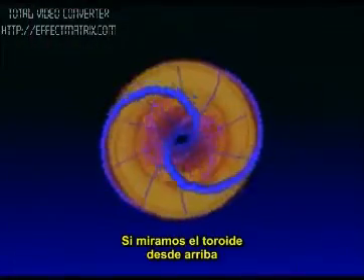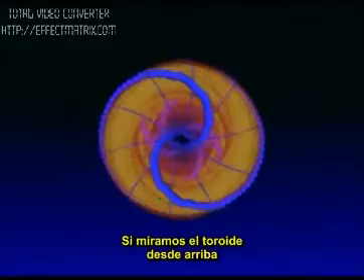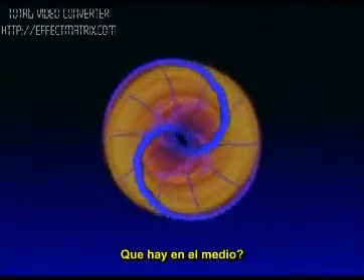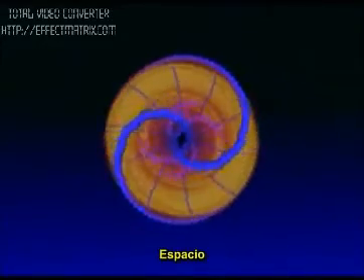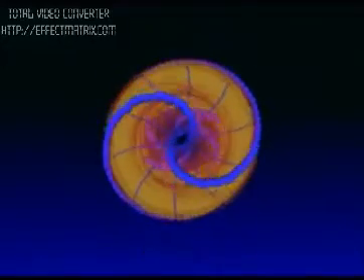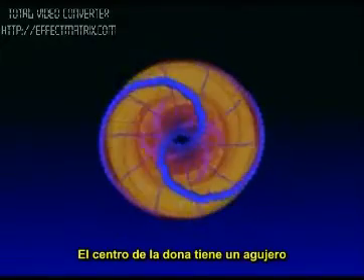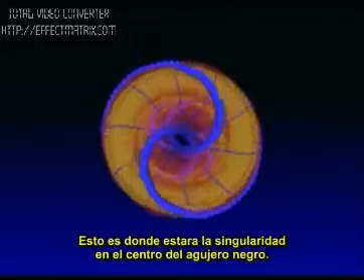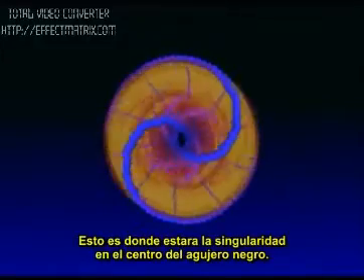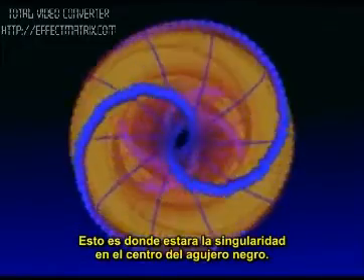If we look at the torus from above, what's in the middle? Space. Vacuum. The middle of the donut has a hole. This is where the singularity would be in the center of a black hole.